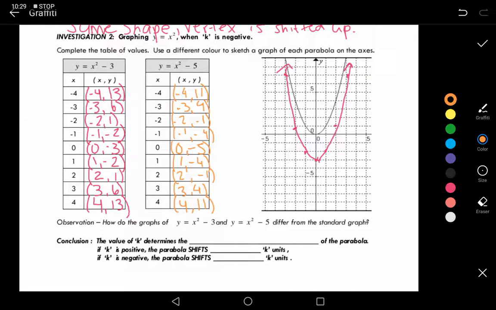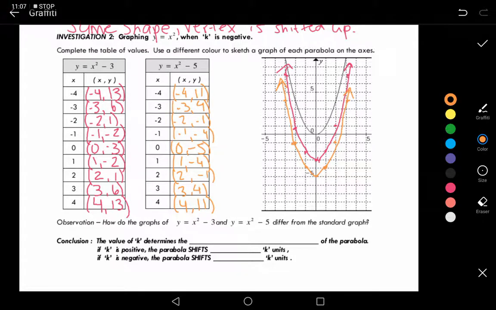So -3, 4, -2, -1, -1, -4, 0, -5, 1, -4, 2, -1, and 3, 4. Okay, again, connecting those so they make that U shape.